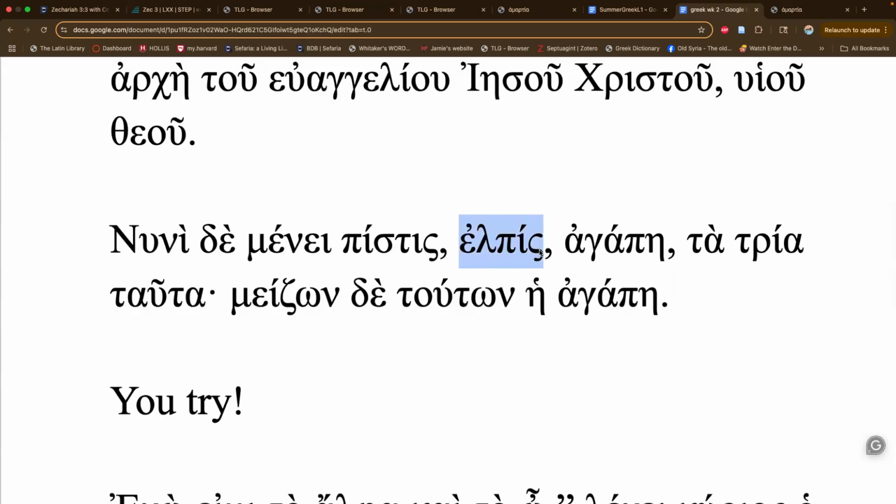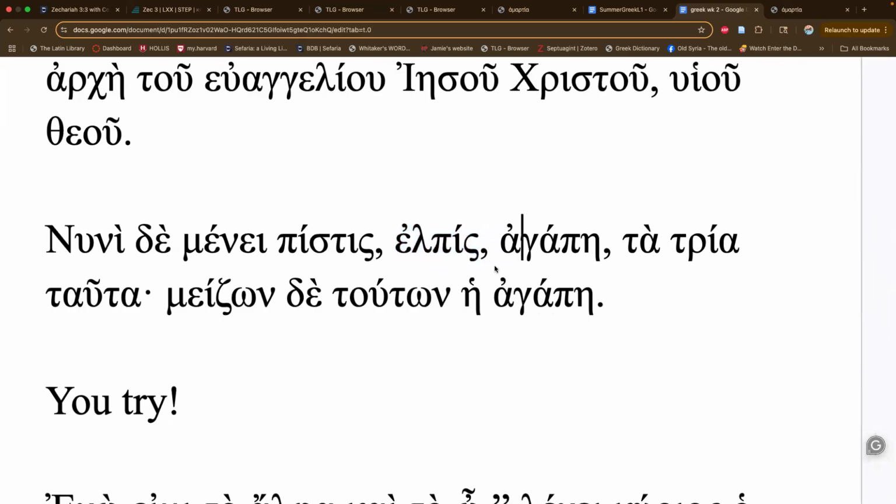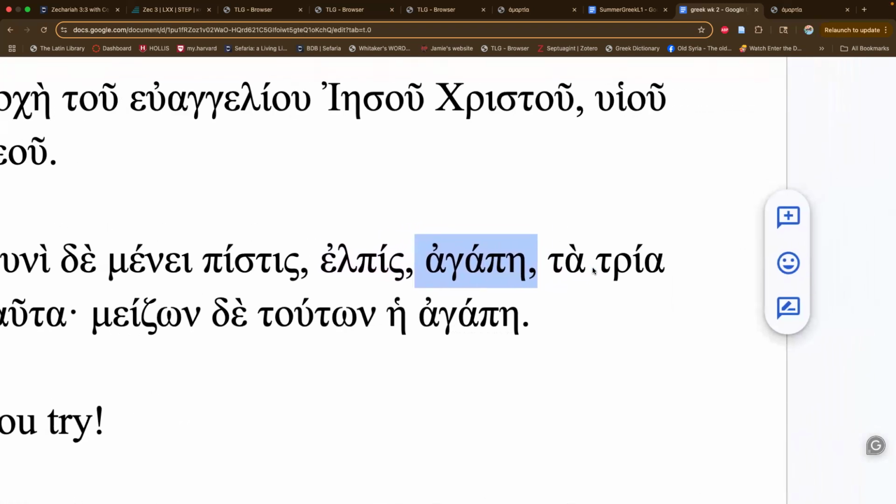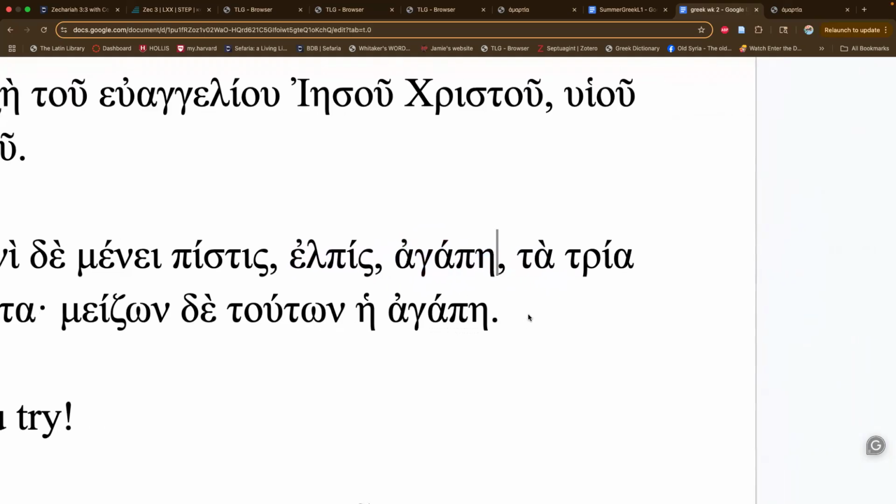So L, yep, elpis, exactly. Agape. So you got it with the long E sound, agape.